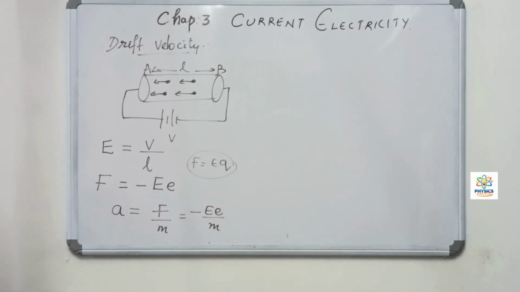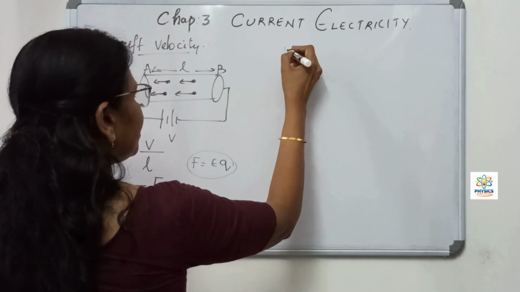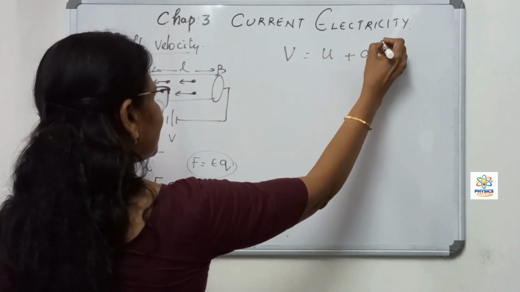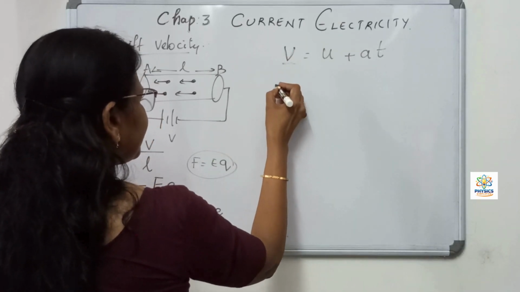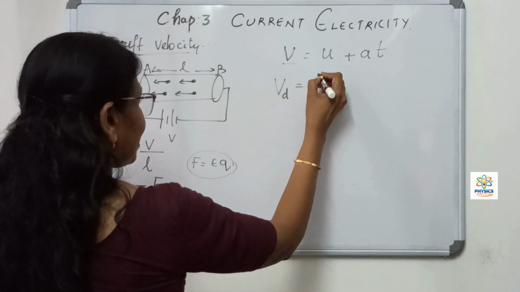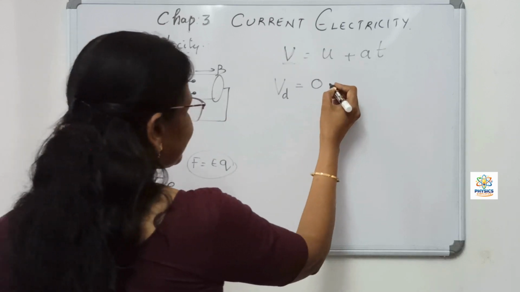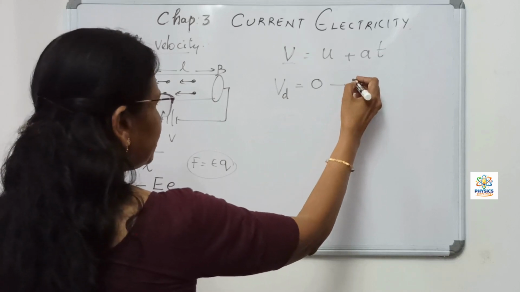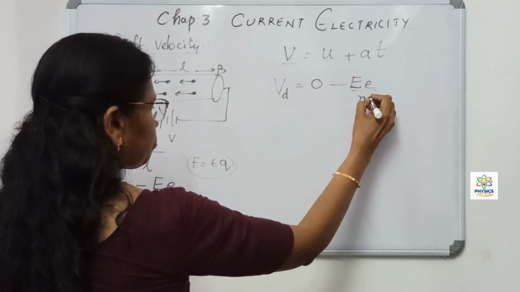And to calculate drift velocity, we have to use the equation v is equal to u plus a into t. Here the velocity v is taken as the drift velocity and the initial velocity u is equal to 0. And the acceleration a can be written as a is equal to minus eE by m.